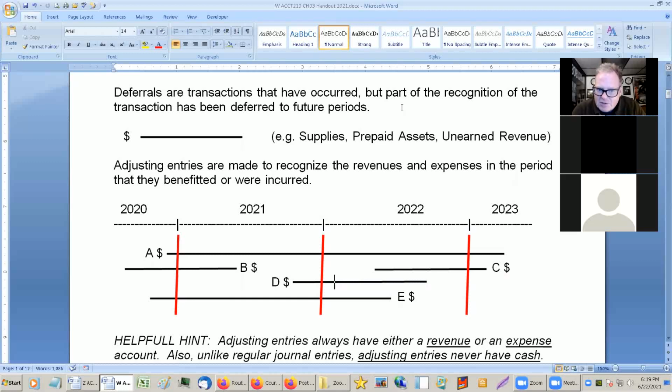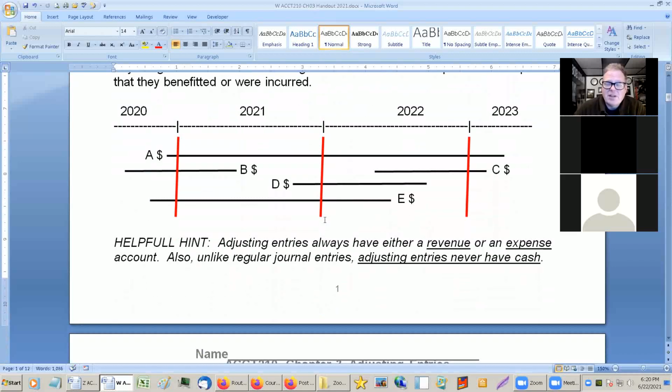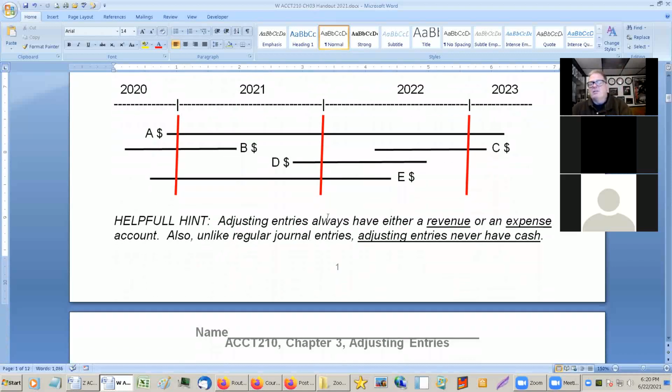Deferrals are usually fairly easy in that the money's changed hands, the transaction is there. But accruals are actually a little bit trickier. And a lot of times when companies miss stuff, they miss it because it's an accrual and the money hasn't changed hands. When it changed hands, they would know it.